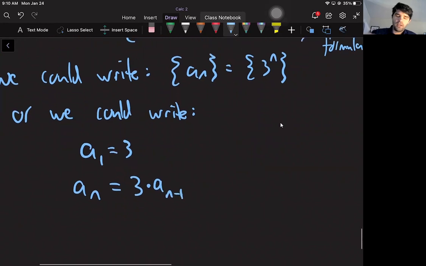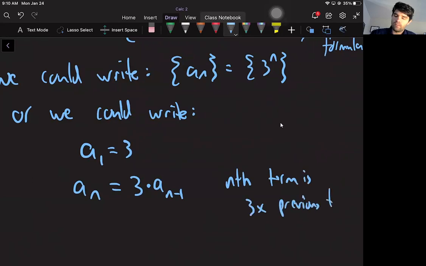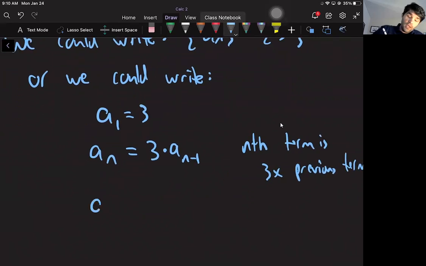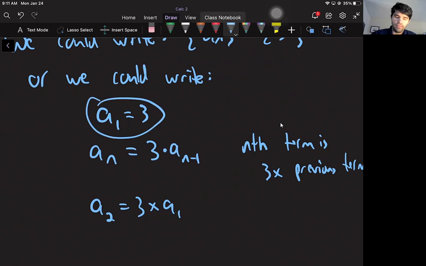So what this is saying is that the nth term is 3 times the previous term. So for example, A2 would be 3 times A1. And since I know what A1 is, now I can put that in there.